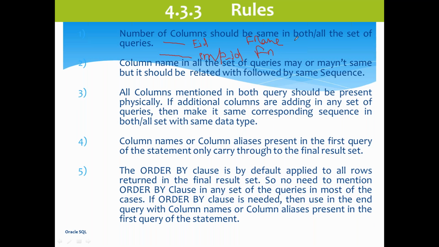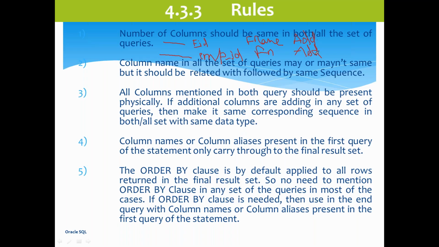Now the third column, address. Here ADD is mentioned in the third column of our query, and here in the third column of our query we can mention, suppose, ADD only. So here both column names are also same. Column name can be same or different, no problem, but the meaning should be same.